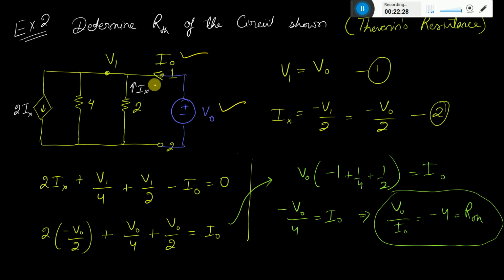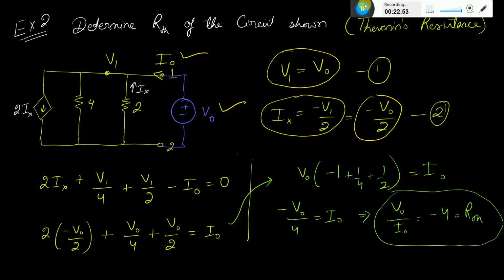What we did, we just take the value from this node analysis. We can simply say that V1 is nothing but V0. It is easy. And another equation we get is the Ix relation. The Ix which is upward, that is Ix is minus V1 by 2. Since V1 is nothing but V0, we can write it like this.